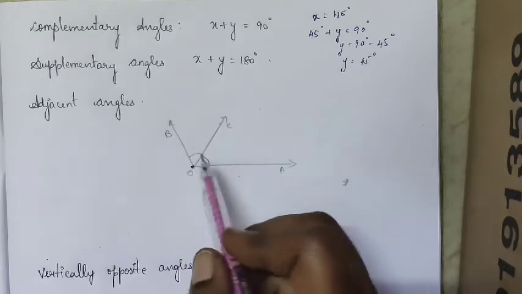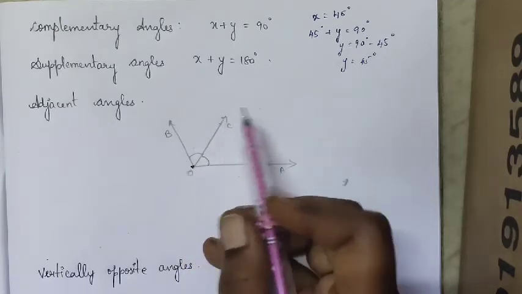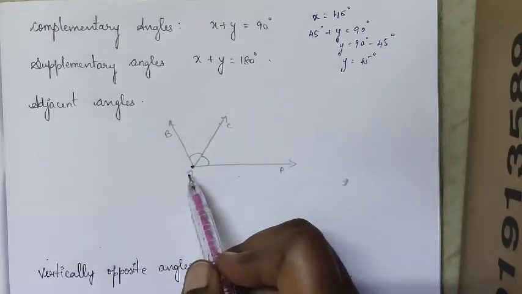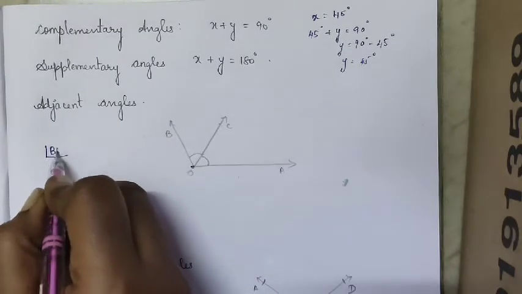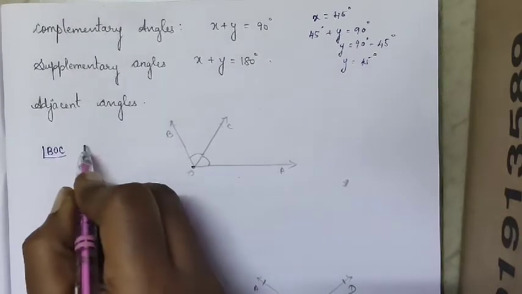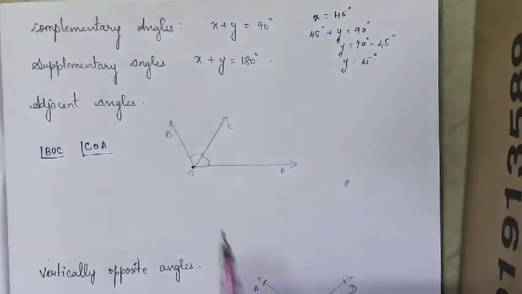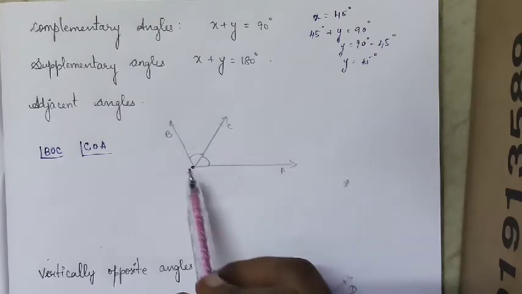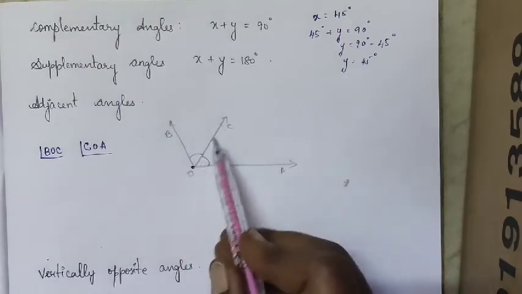Now what are the two parts? One is angle BOC, another is angle COA. See here, these two are non-common arms, and this is the common arm for both.